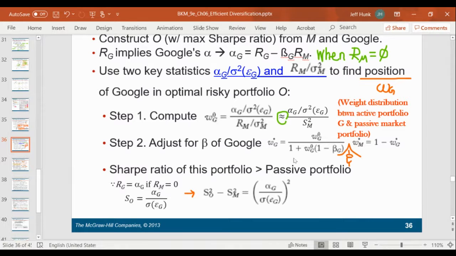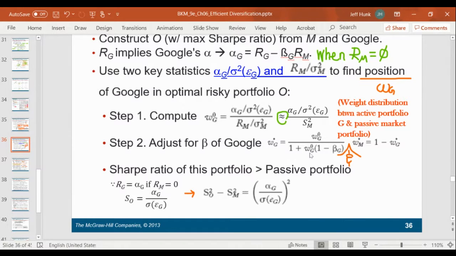And then, suppose Google's beta is 0.5. What's it going to be? This is going to be 1 minus 0.5, which is 0.5. So the weight of Google will be 0.5 times the weight of Google.